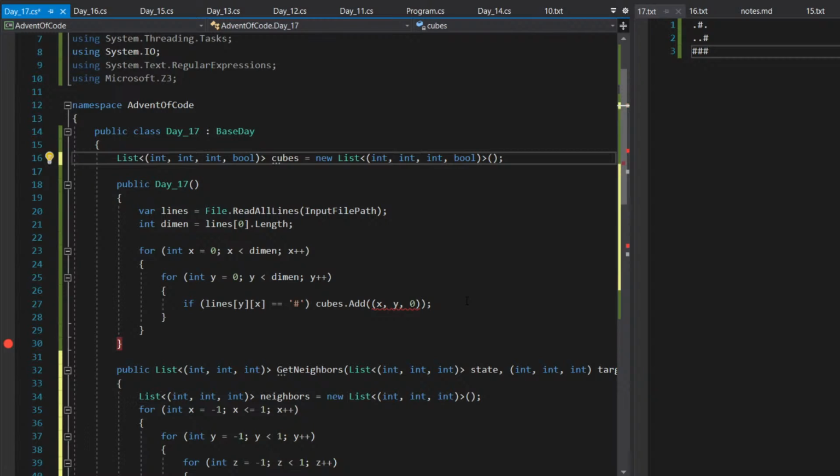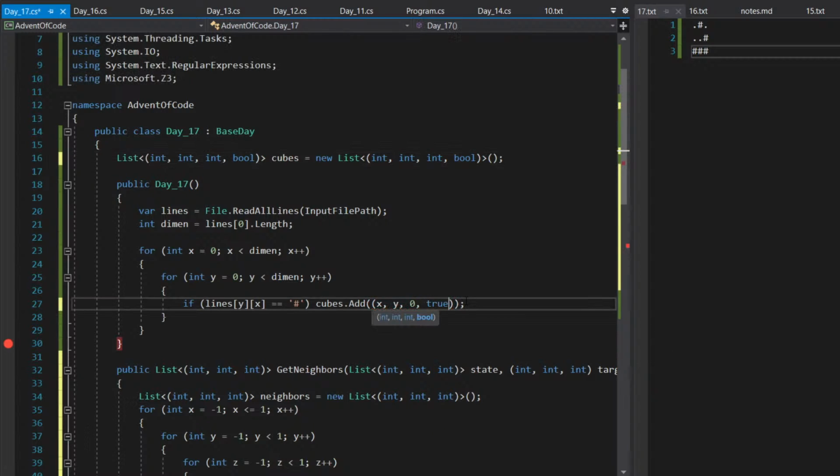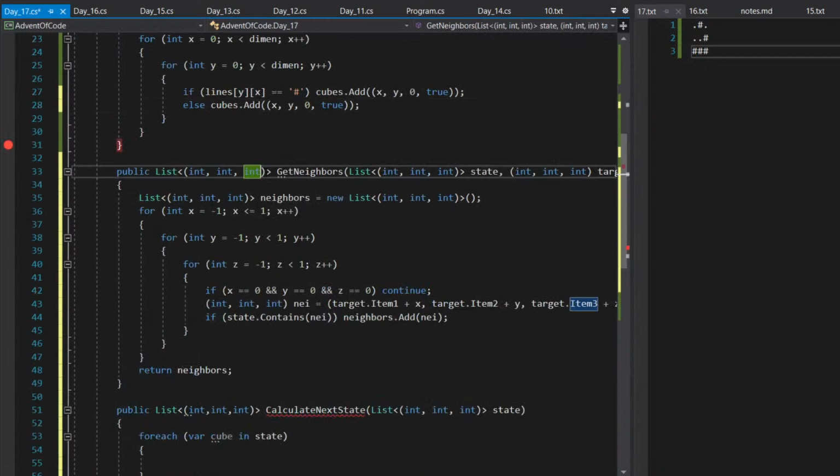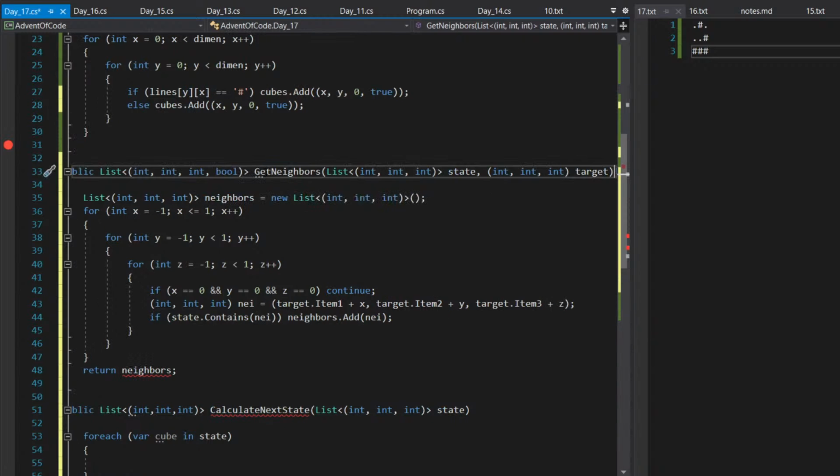Represents active or inactive. You need a Boolean.